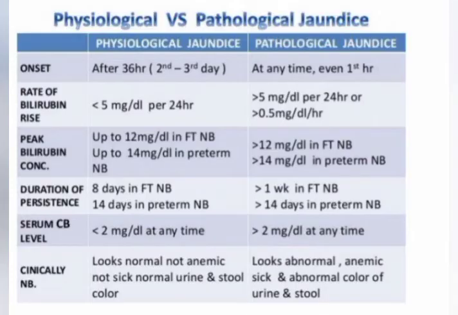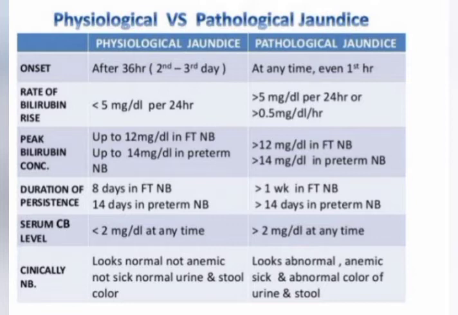Now let us discuss the difference between physiological jaundice and pathological jaundice in a brief and easy way. The onset of physiological jaundice will be after 36 hours, that is the second and third day. The onset of pathological jaundice can be at any time, even after 1 hour of the birth of the baby.